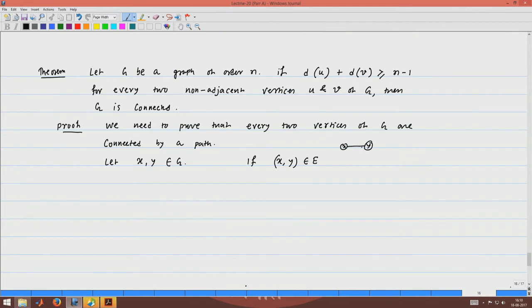So, this is a path of length 1. So, you are done basically.